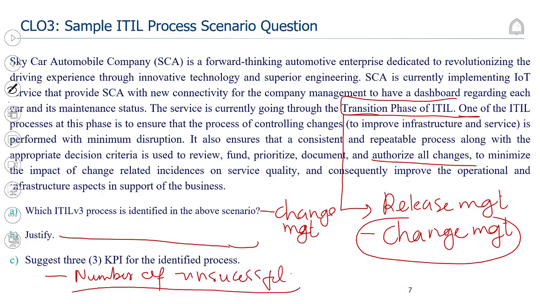This is also important because, apart from the successful ones, you also need to look at the unsuccessful ones, because they will tell you whether you are actually doing changes correctly. The number of unsuccessful changes is equally important as the number of successful changes. We always monitor that. We always check to see how many of the changes we did, okay?